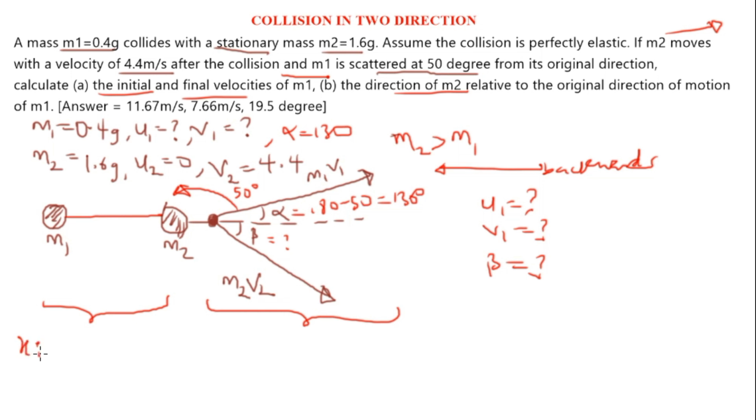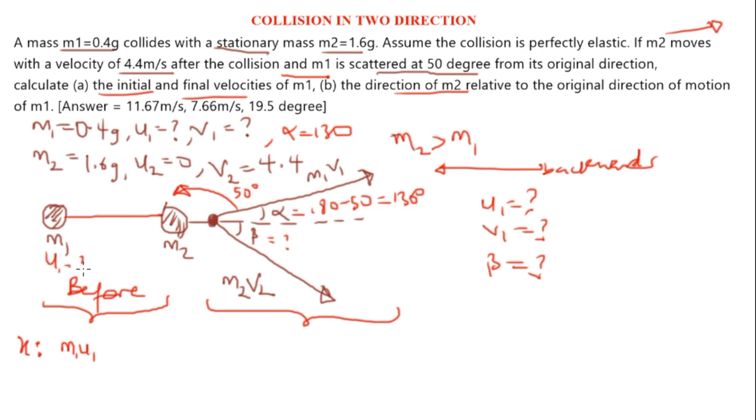Let's consider the x-axis at first. Before the collision, the masses have nothing to do with the y-axis, so they are only along the x-axis. So for x, we can say m1 u1, that is their momentum.